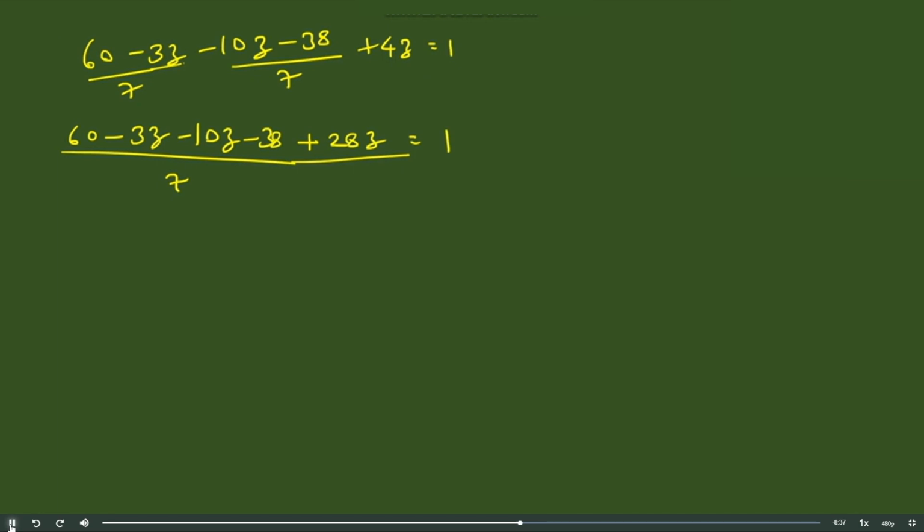Now minus 3 minus 10 is minus 13, plus 28 gives 15z. 15z plus 60 minus 38.